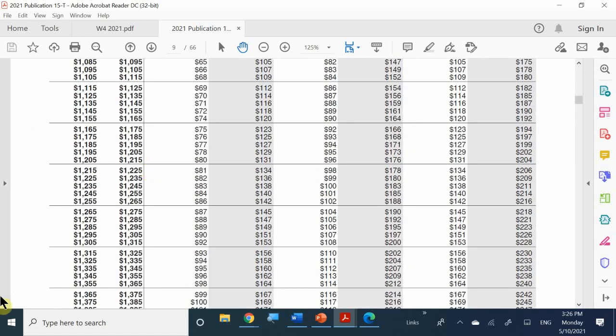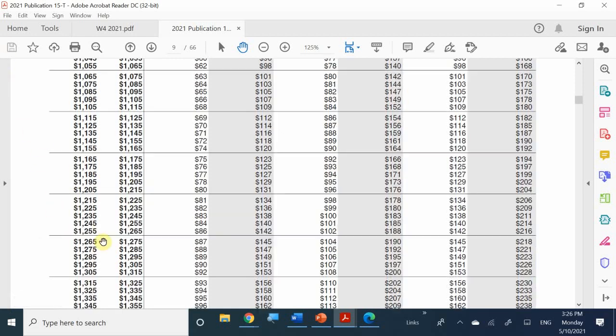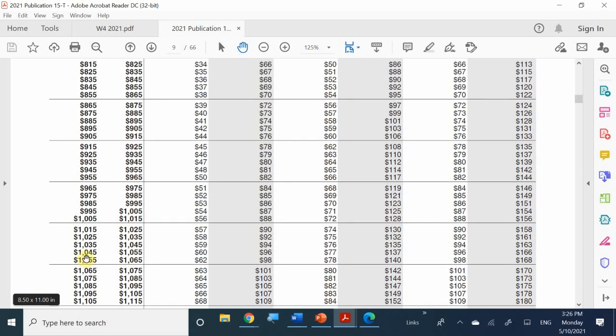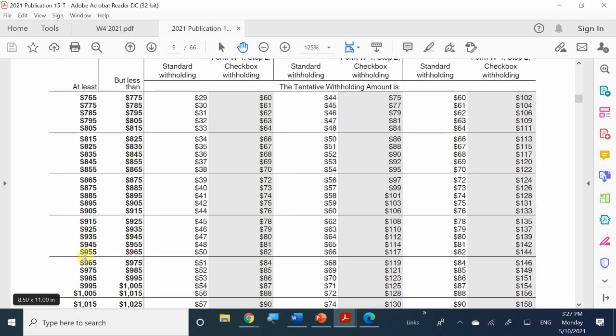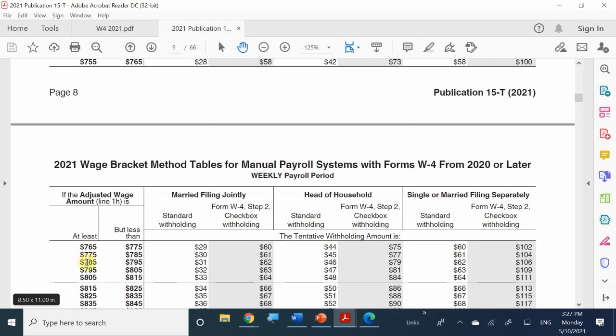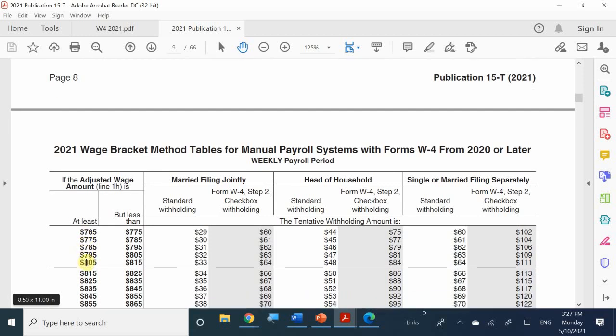If I make at least $800, I have to go look and find my $800, okay? And I'm getting paid every week, $800. I have to find my amount here, so I'm scrolling. So here, $800, right? I belong in $795 to $805, right?